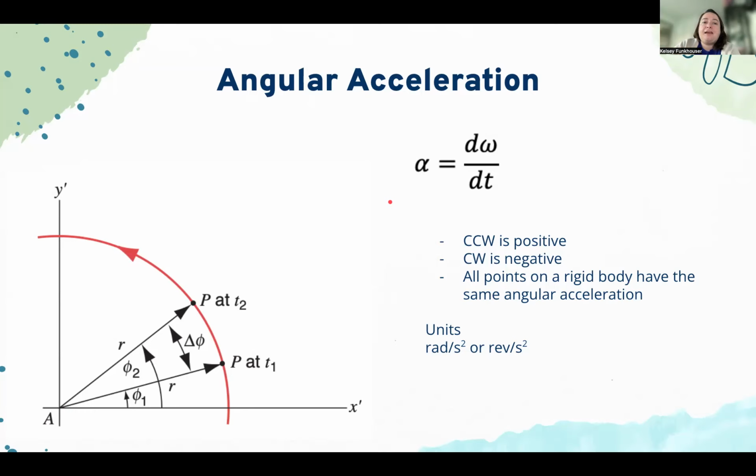And if the rotation is speeding up, the angular velocity and acceleration are in the same direction. And just like the angular velocity, the angular acceleration is the same for all points along the object. And then the units are radians per second squared or revolutions per second squared.